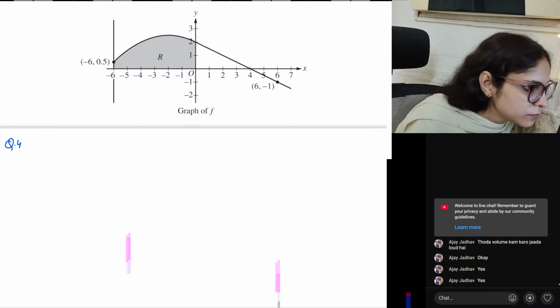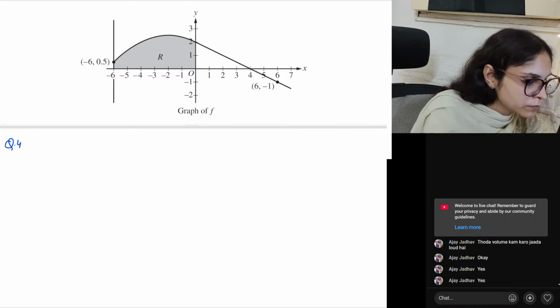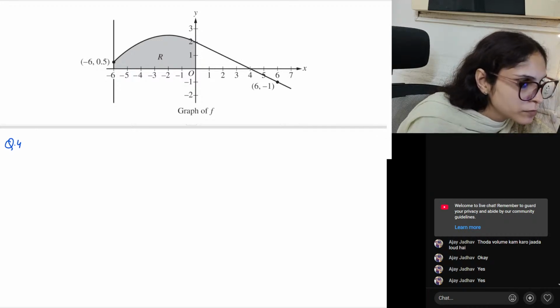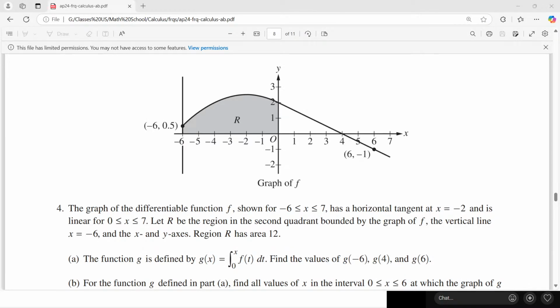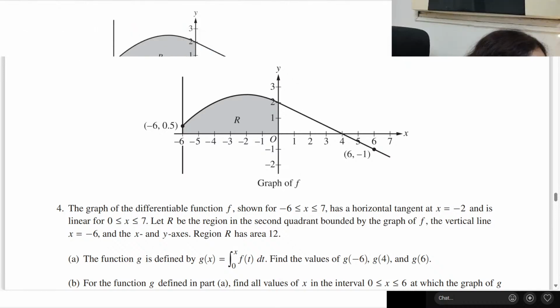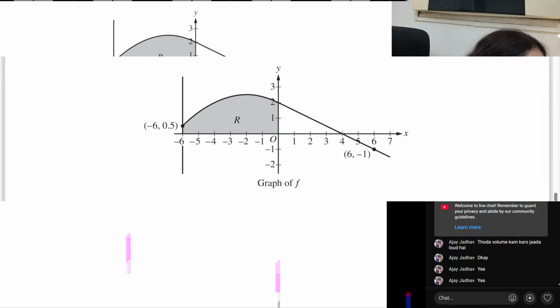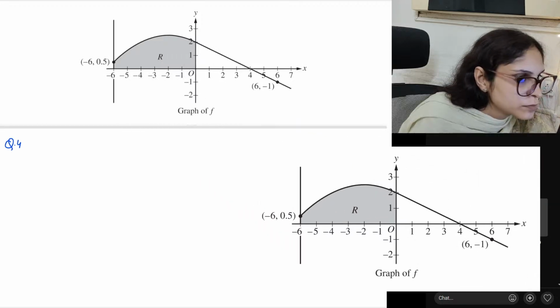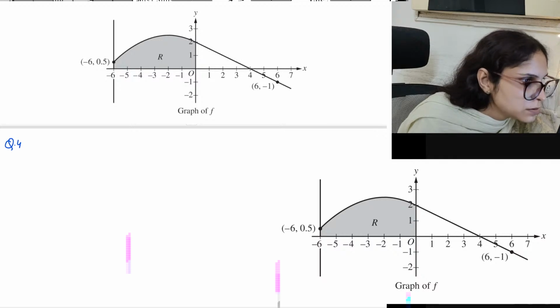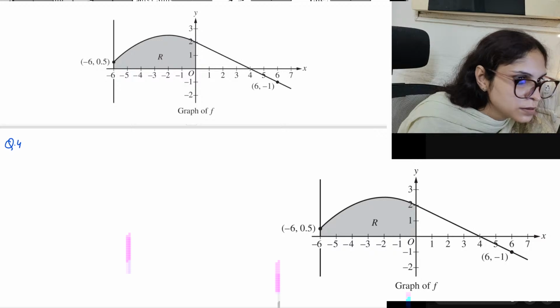Because there are no comments, I can just keep the diagram over here because I'll be needing it.